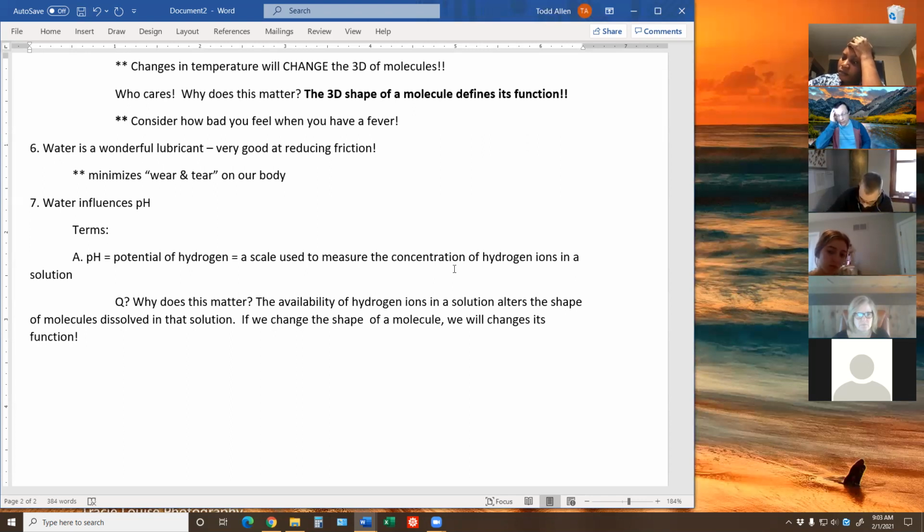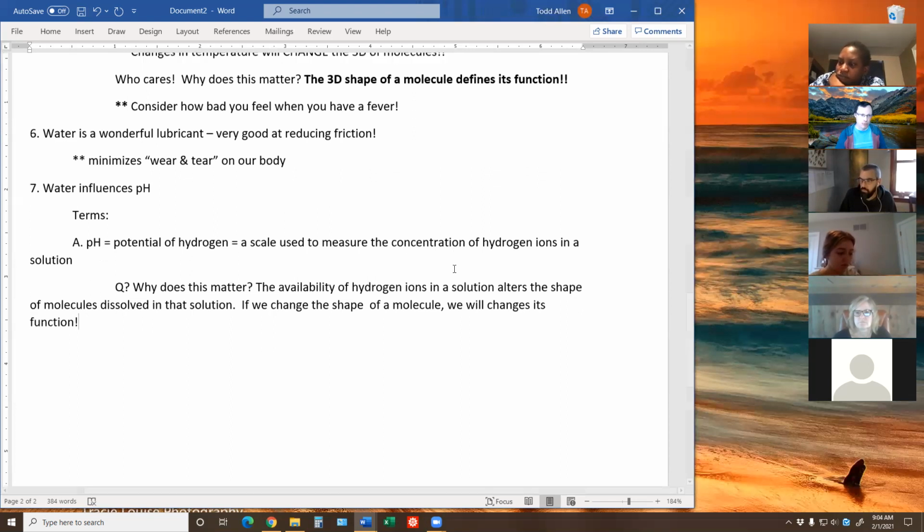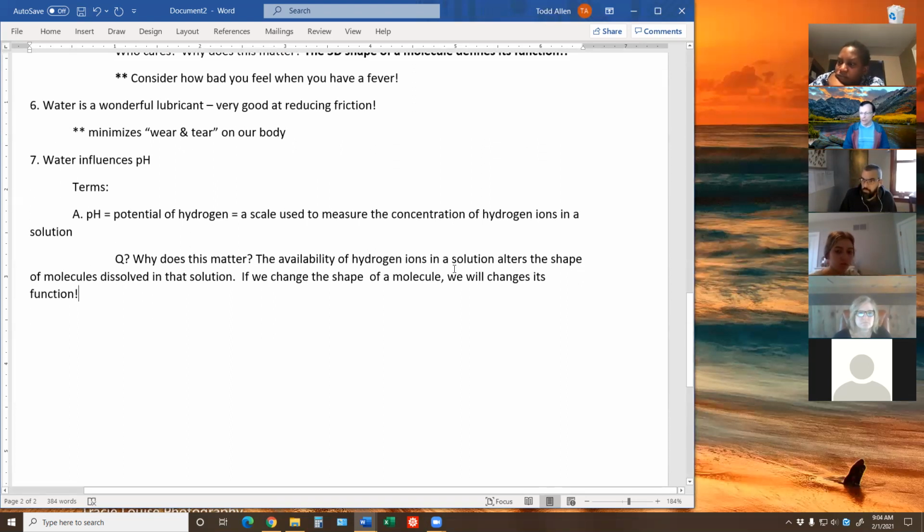Okay? So the availability of hydrogen ions does lead to a change in the shape of molecules in that environment. We change their shape, we change their function. That's why pH is a big, big deal. Okay? And I will try to show you in just a little bit, kind of roughly how that works, because it may not be obvious to you at this moment how that really works. Okay? So just bear with me. All right.